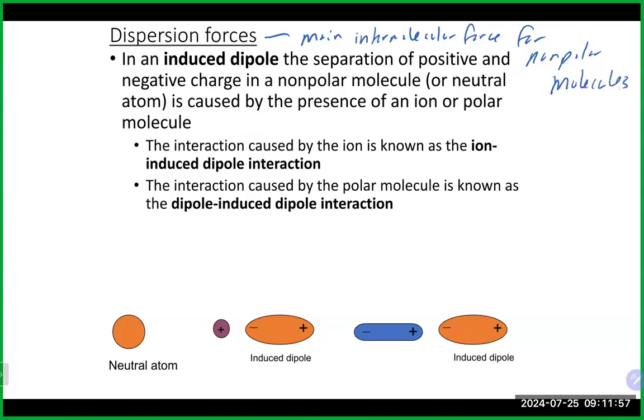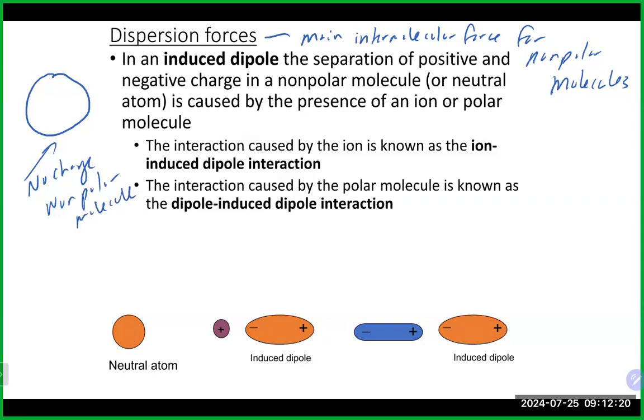And as I just mentioned a second ago, if you have a nonpolar molecule, that basically means that we have an equal separation of charge and electrons over the whole molecule. For all intents and purposes, it means it's neutral. There's really no charge happening here in a nonpolar molecule.